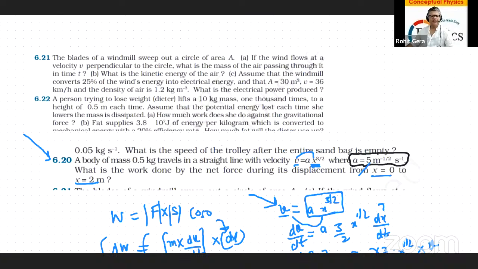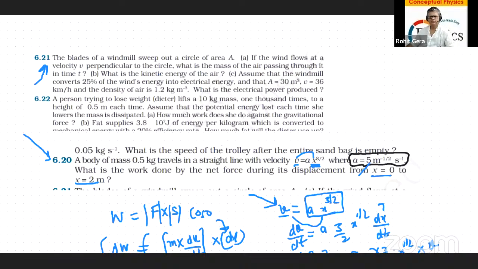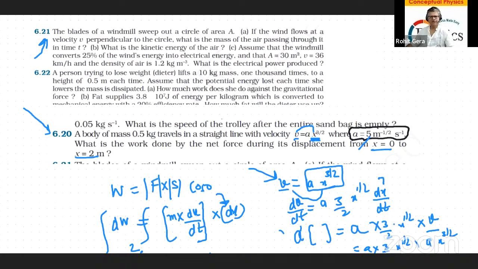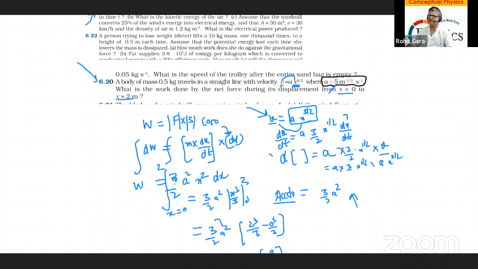Okay, let's try question number 6.21. The NCERT ones I'm not doing, you do them yourself. But broadly, my job is to open your mind and bring conceptual clarity. Once you have that, you go ahead and start solving. I will send out the assignment the way I do. Don't skip it. Keep up your record.